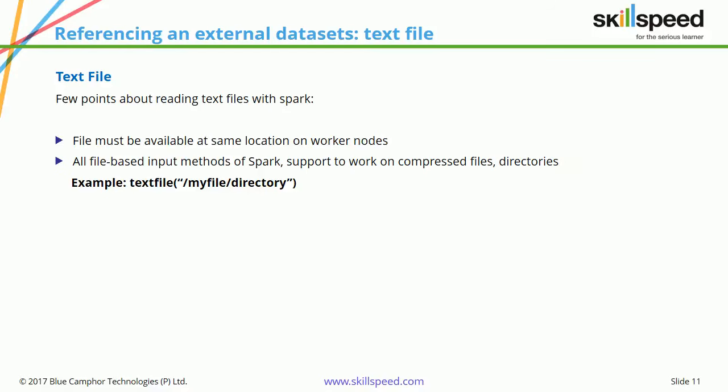All file-based input methods of Spark support working on compressed files and directories. To control the number of partitions, the textFile method also takes an optional argument. So if you want to read from an external dataset and create an RDD by mentioning the number of partitions, you can pass it as an argument as well.